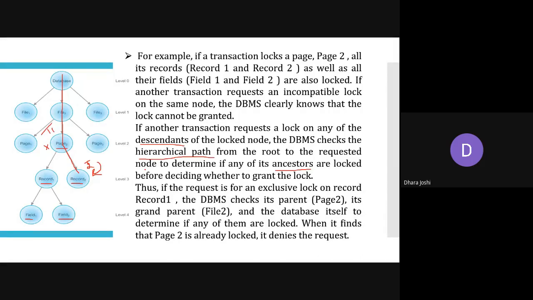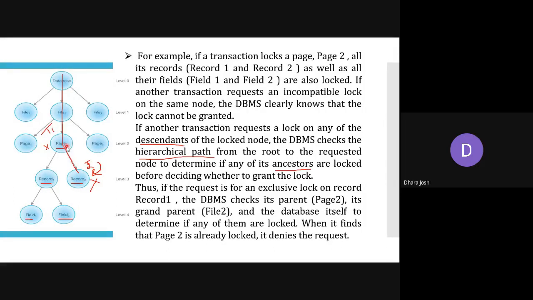Thus, if the request is for an exclusive lock on record 1 or record 2, suppose transaction T2 has given an exclusive lock request on this record 2. The DBMS will start from the database, go into this file, then page, and then record. In this entire path, does any node have any kind of lock?